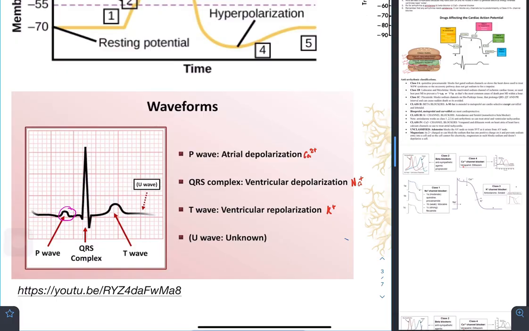As the wave travels through the heart, in between the interventricular septum and out and wraps around the ventricles via the Purkinje fibers, we have what we call the QRS complex.